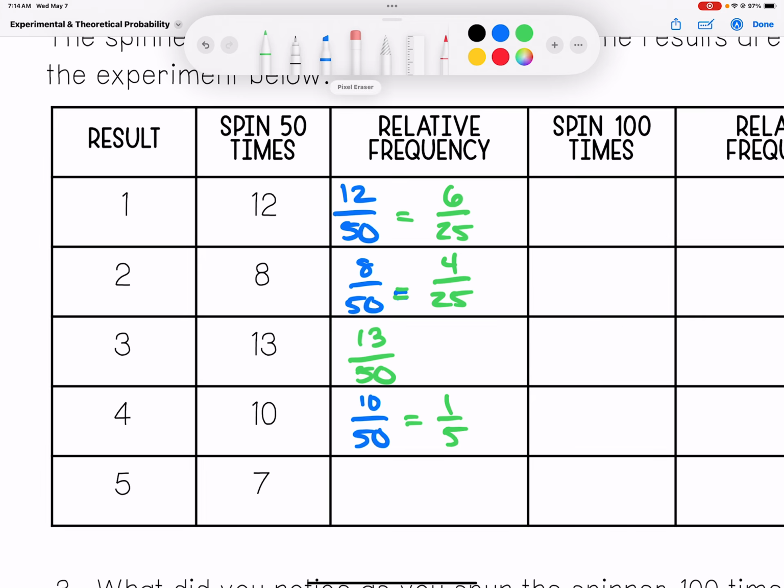And the last one was 7/50, which does not simplify. That is the relative frequency of their spin. They spun 50 times. They've already done that. Okay?